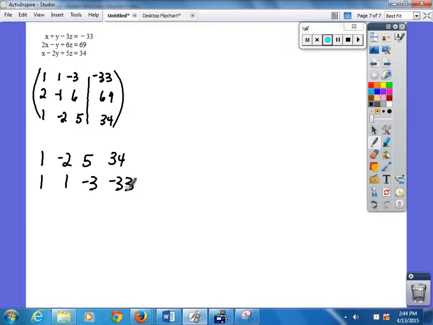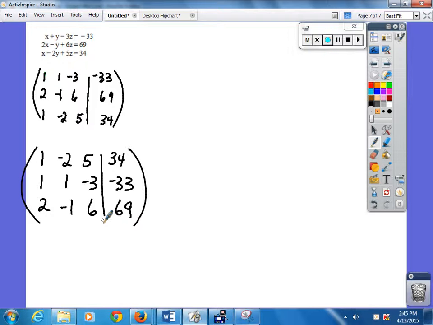And put this one last: 2, negative 1, 6, and 69. Now, why did I do that? Mainly because I have 2 1s right here, and that'll keep us from having to do a couple of steps. It may not, I don't know. Just something to start off with.